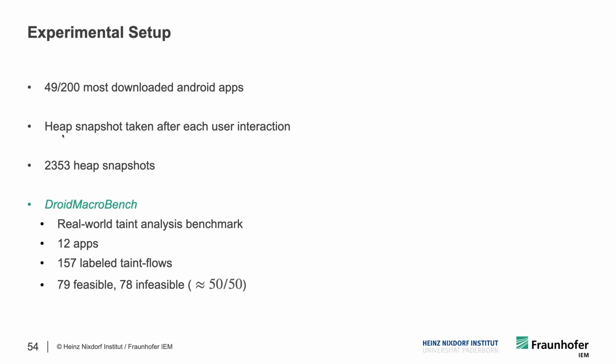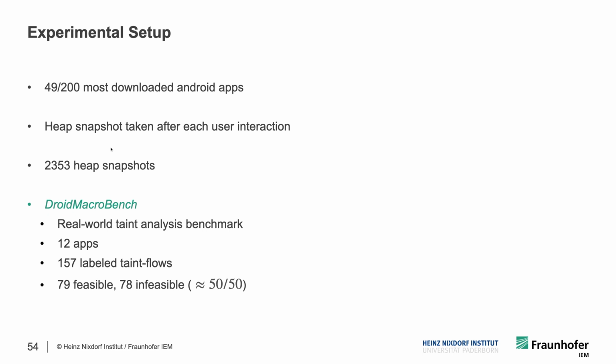And then we took heap snapshots after each user interaction. So we dynamically tested these apps, right? We ran them on an emulated environment or on a phone actually, and we were interacting with these apps. And that also explains why we only looked at 49, because that was already pretty cumbersome. But then we had an approach to automatically take a heap snapshot after each such interaction, okay?